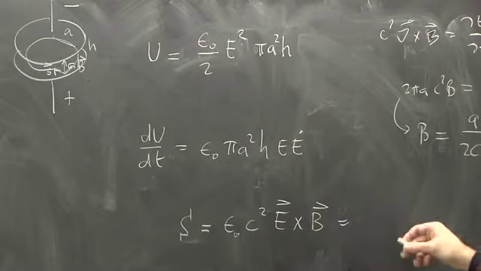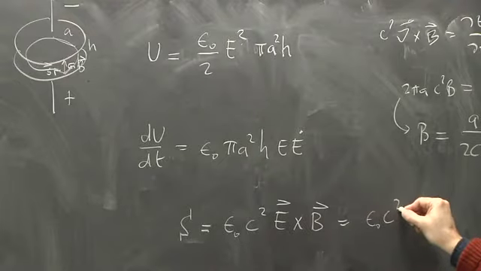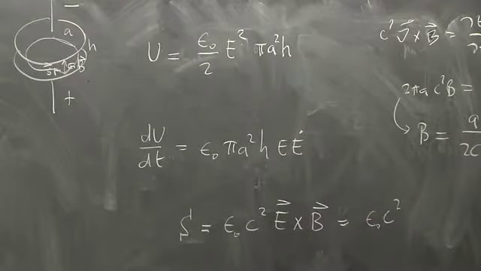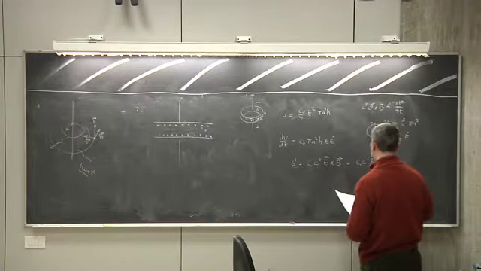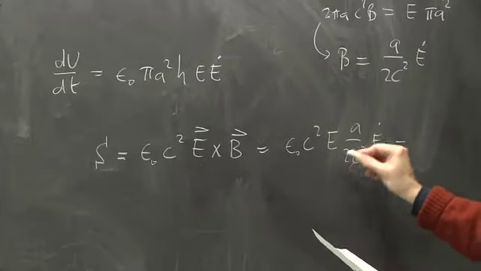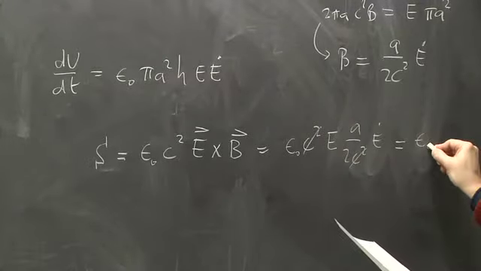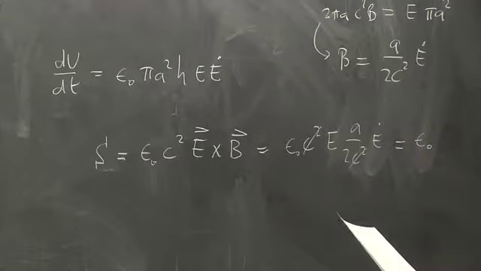So if I do it, you see I have epsilon naught c squared, then E times a over 2 c squared E dot. That is, so c squared cancels, so I have epsilon naught, I have factor 2.